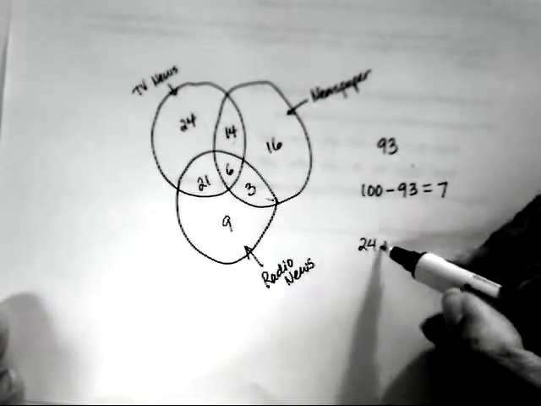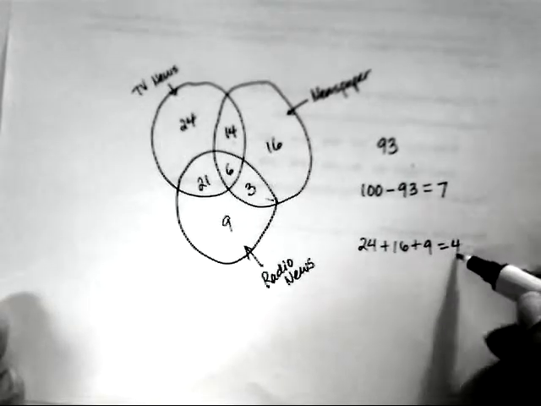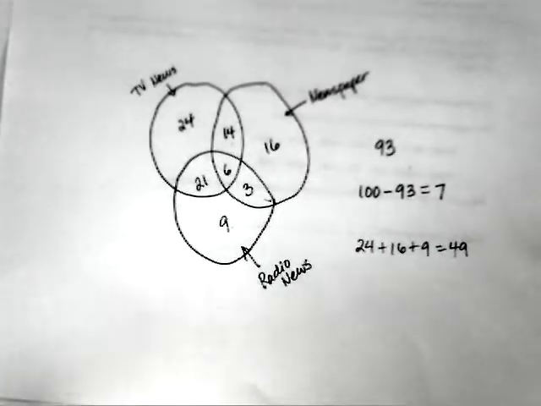So 24 plus 16 plus 9, that will be 49. So 49 people keep up with their current events from only that one source. Now this should help you with the writing assignment, number 1.